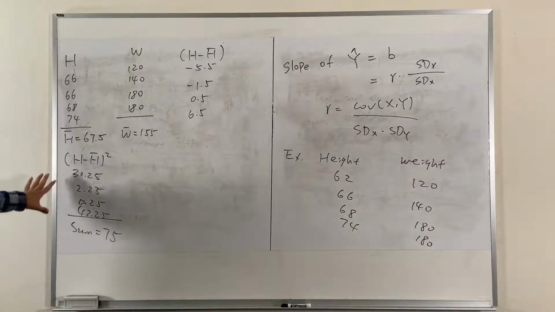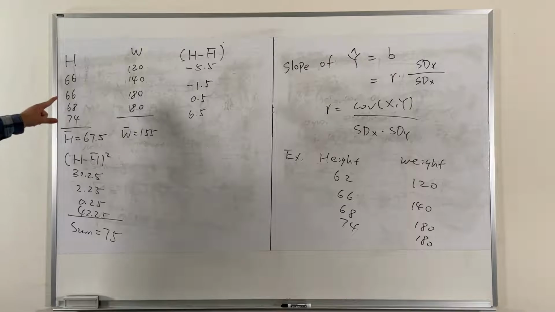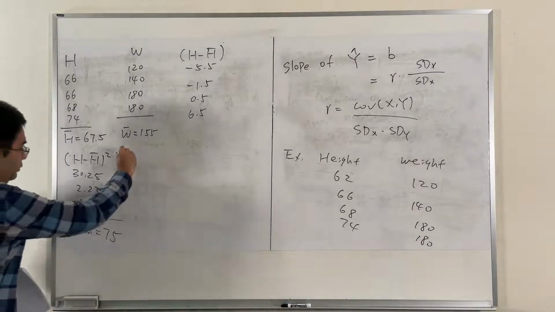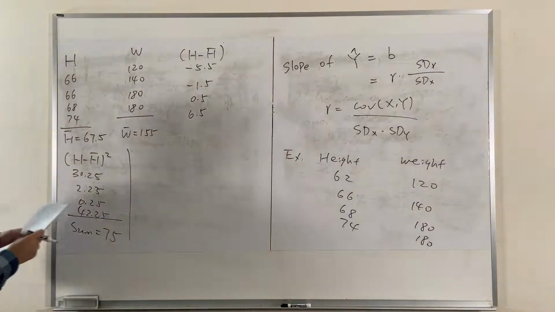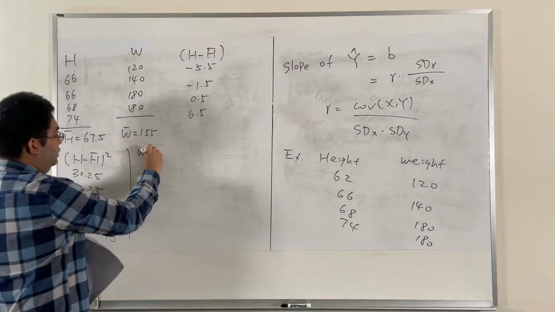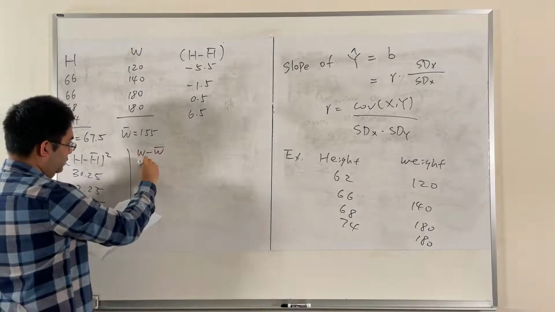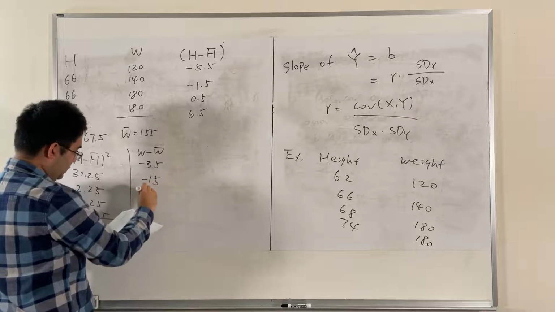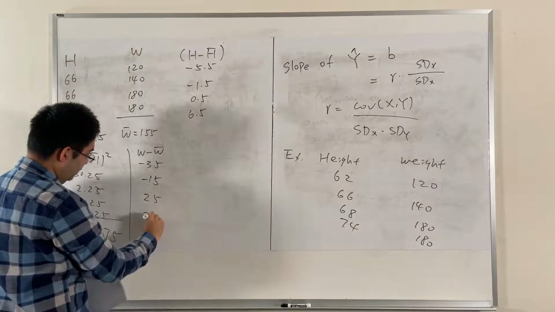Okay, so we're done with the h. We need to work with the w. And we'll put a line here to separate them. w minus w bar: minus 35, minus 15, 25, 25.